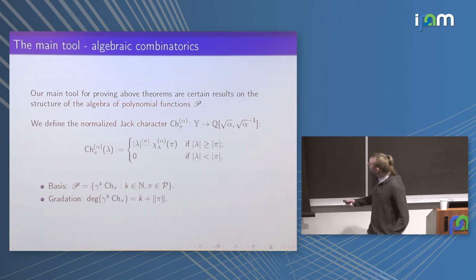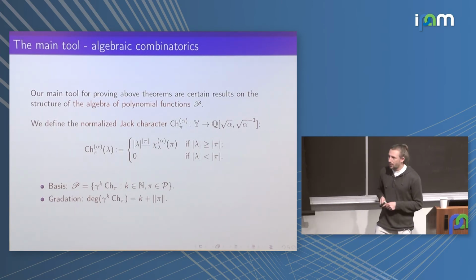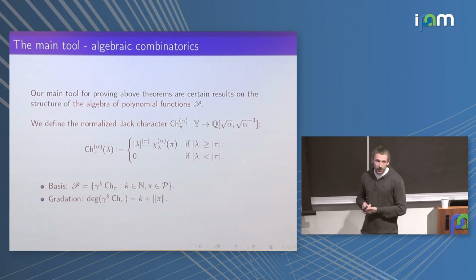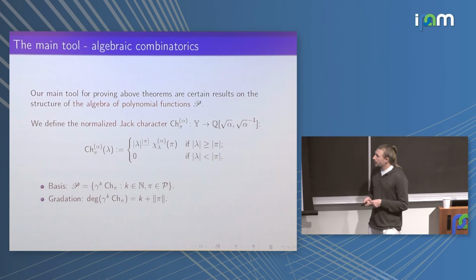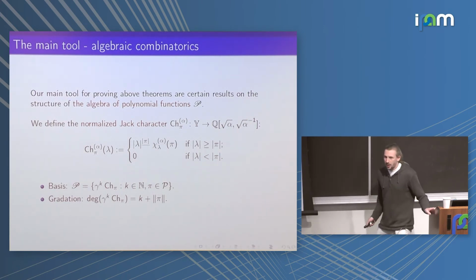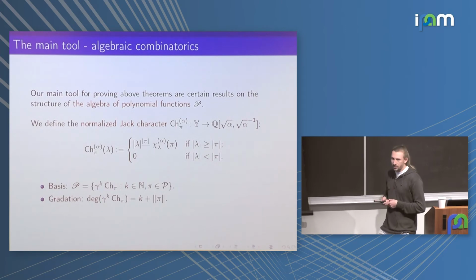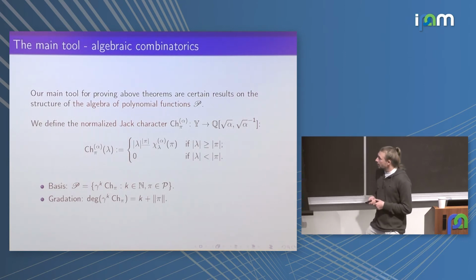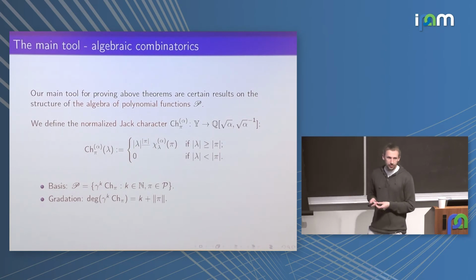Okay, so now I'm going to go to the more algebraic combinatorics part. So what is the main tool for proving this theorem? The main tool is a certain algebra, and understanding more or less the combinatorics of this algebra. This is an idea which is due to Ivanov and Olshansky in the case of alpha equal to 1, which is just normal characters, not the deformation.